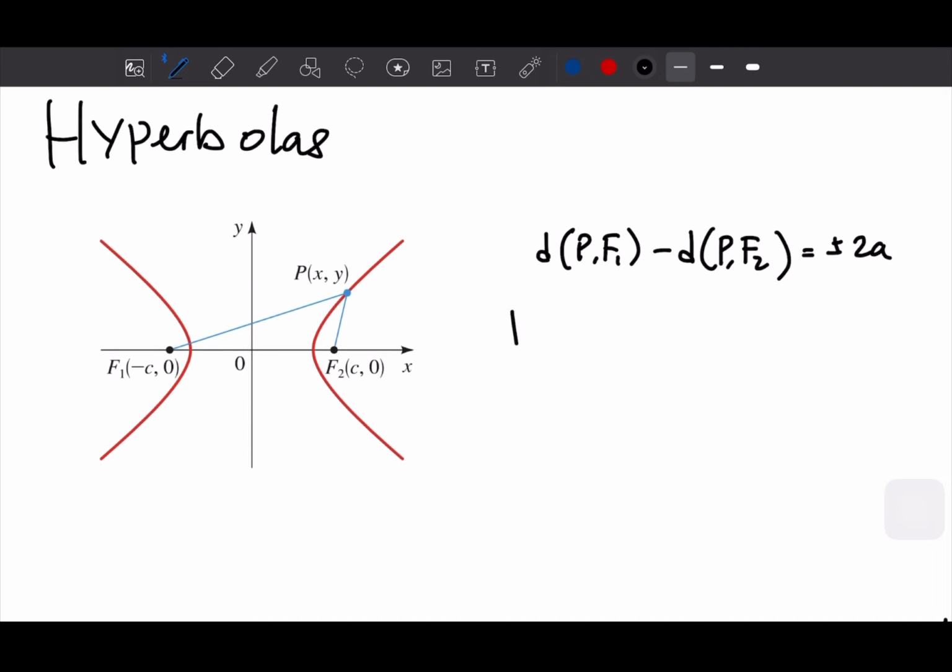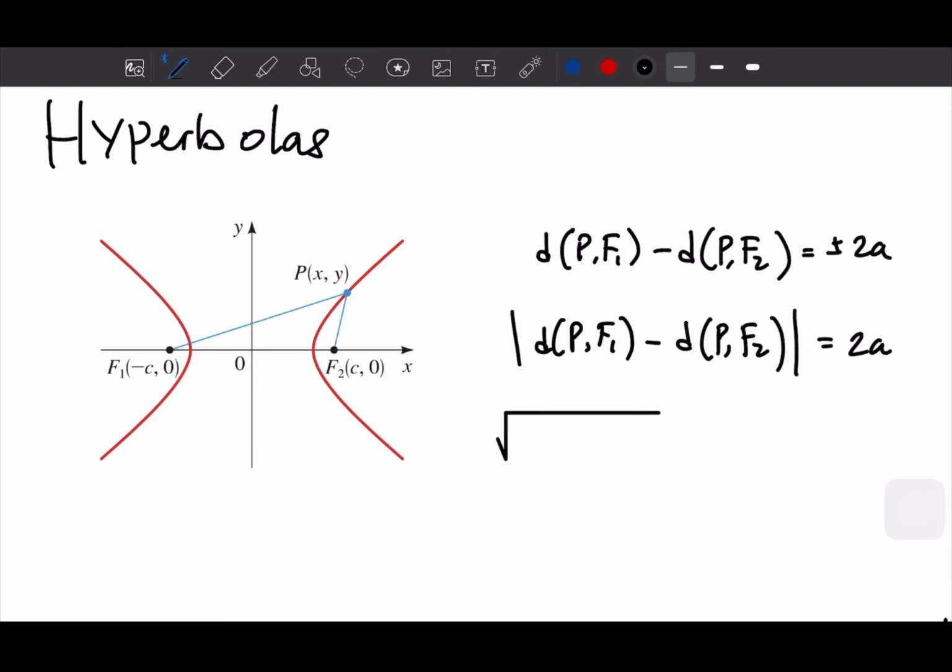So if we take the distance formula, let's just make this a constant 2a, and then write the equations, x plus c. Okay, same way as with the ellipse.